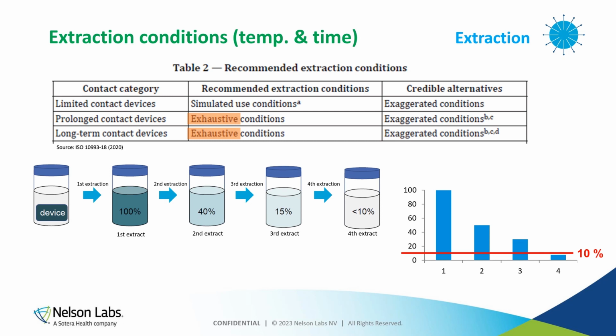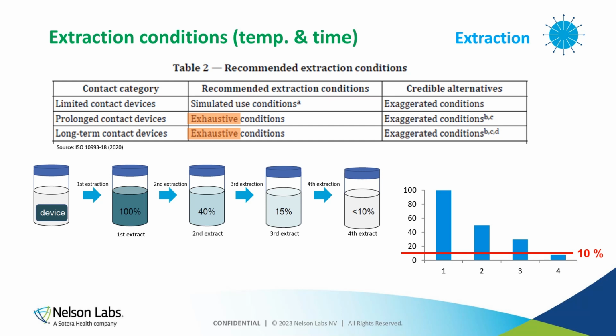Now, exhaustivity is determined with gravimetric analysis, as you can see here. So non-volatile residue measurements on 24 hours extraction cycles are done. And if the non-volatile residue of the 4th extraction cycle, for example, here, is below 1/10 of the non-volatile residue of the 1st extraction cycle, then exhaustivity is reached.